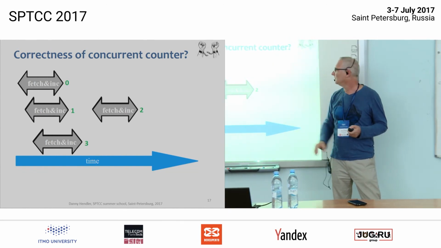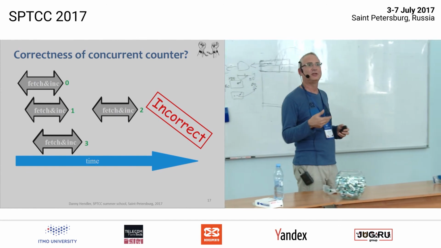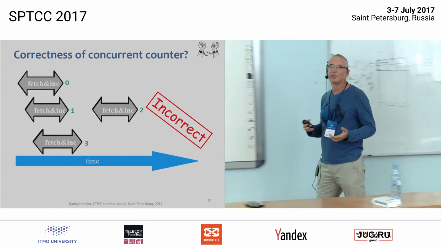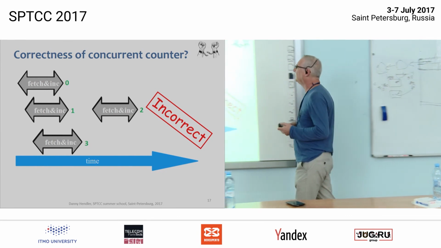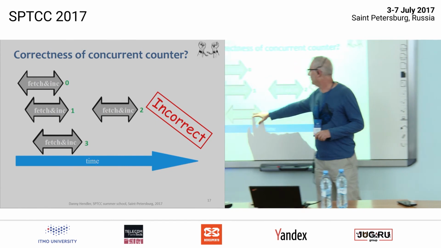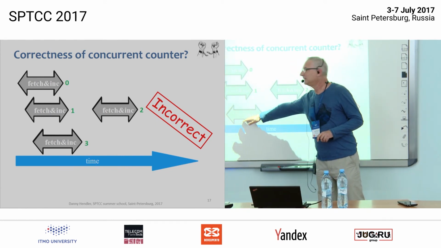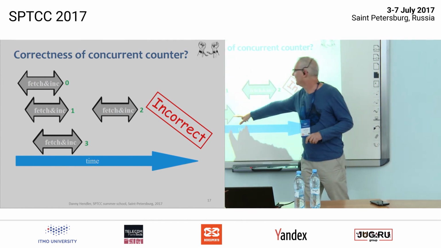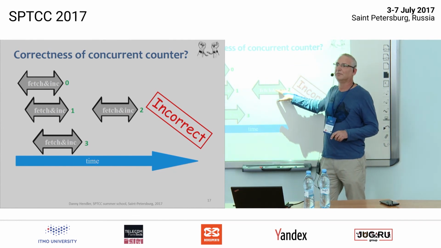But this execution is not legal according to linearizability, the definition of correctness that is most widely used in the distributed computing community. And the reason is that we have here two operations. This operation on the left, for example, preceded the operation on the right, but still the value returned by this one is larger than the value returned by that one.